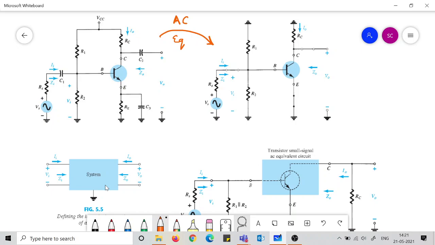While delivering this input current, it would be facing some impedance from the system. That impedance is called the input impedance. Previously in our discussions I commented that the common collector has a very high input impedance. Maybe you were not very clear what we mean by input impedance and output impedance. So now you will be more clear what we mean by input impedance and output impedance.